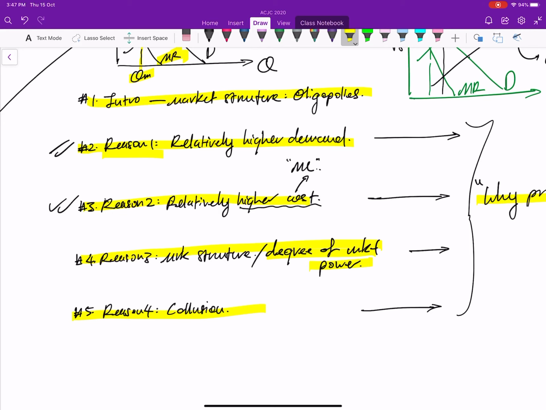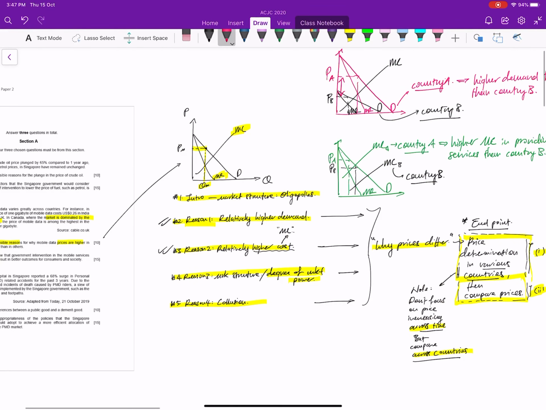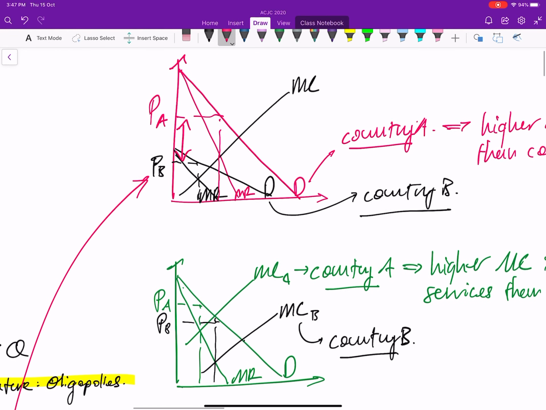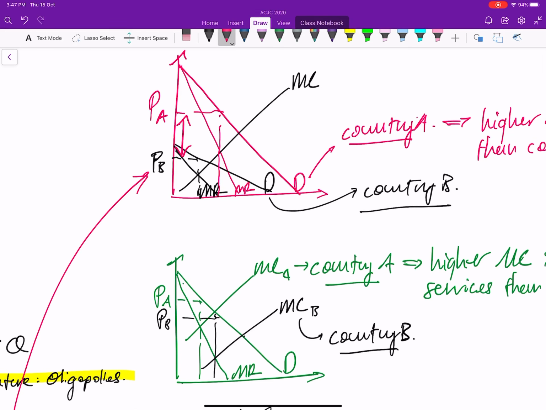But if you are interested to know a little bit more of the analysis, then let me just cover very quickly. Let me just unpack this point a little bit to give you some tips of how you can draw your graph. So this is to give you a better understanding of what I mean by relatively higher demand.